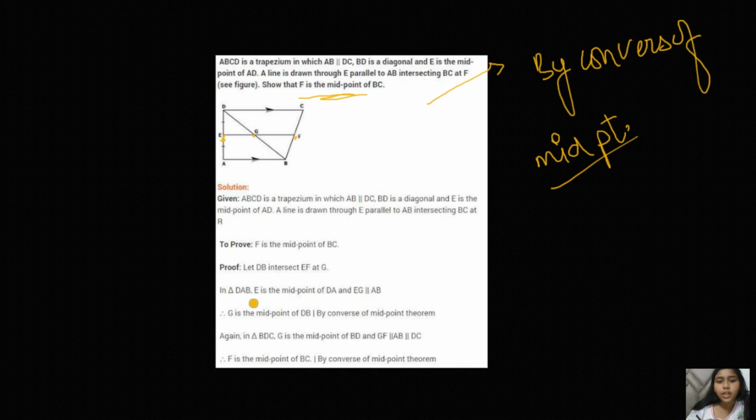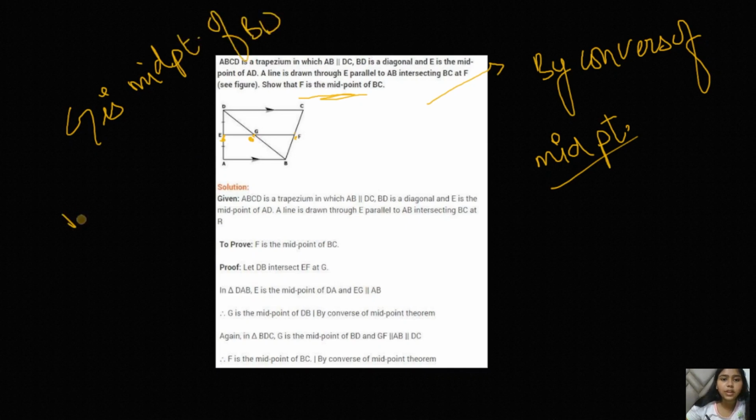In triangle DAB, E is the midpoint, and we know that EG is also parallel to AB. So by the converse of the midpoint theorem, G is also the midpoint of BD. Am I right? So it means that DG will be equal to GB. Similarly, now we have to prove that F is the midpoint of BC.